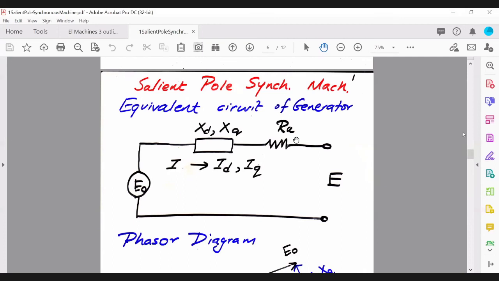Now, when we work with the salient pole machine, as you can see, what we've done is we've split this reactance into two components. So you'll have the D-axis armature reactance and the Q-axis armature reactance. So those two reactances will produce two components, right?